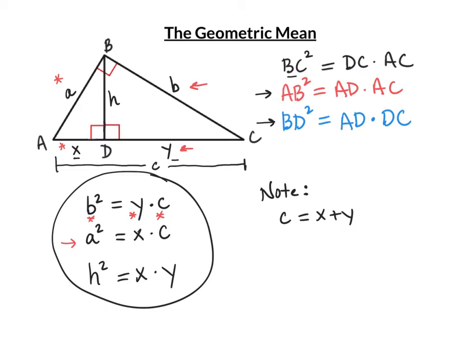The leg squared equals the piece on its side times the whole hypotenuse of the big triangle. And the last one, with the h in it, h squared just equals x times y. Study those, look at the pattern, look at the picture, and memorizing these is much, much easier than trying to use similar triangles in this diagram. Using similar triangles is very difficult because it's hard to tell what corresponds. But using this, you can do these questions very, very quickly.